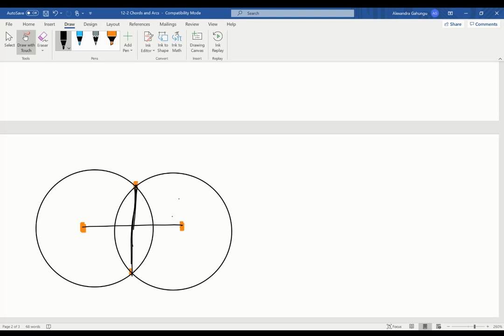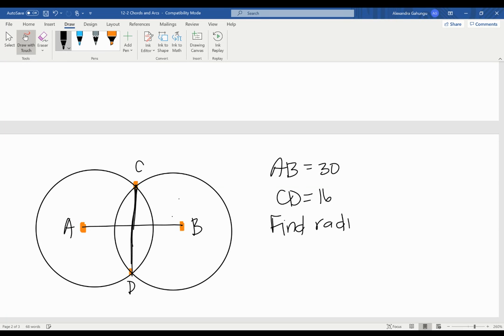We've got points there. And it'll be labeled A. Segment AB will go from one center to the other, and segment CD, those will be chords for those. And you'll be given that AB is a value, so let's say AB is 30, CD is 16, and you'll need to find the radius of these congruent circles.